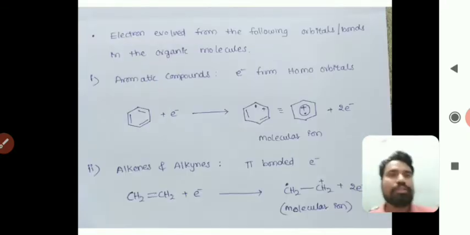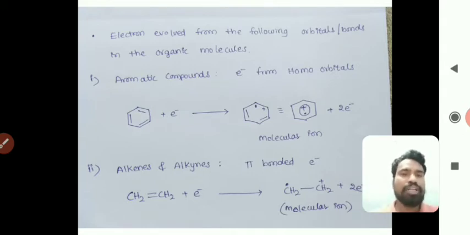So how will the electron be evolved? When we bombard an organic molecule with a high speed electron, that electron will take another electron, so one electron will be evolved from the organic molecule. Where does that electron come from?